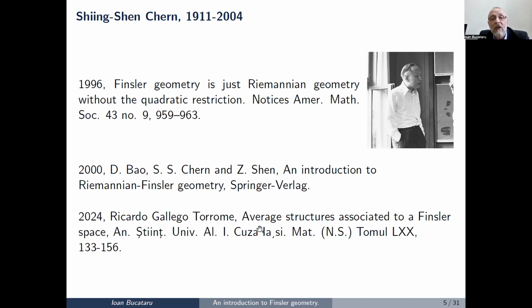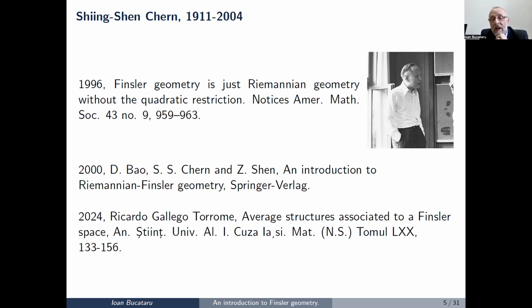Actually, the paper is not very recent, so it circulated for many years, and it was not published until recently, where Riccardo Gallego Torromé does the following: if you take a Finsler metric, you take somehow an average in the direction, and you get a Riemannian metric.